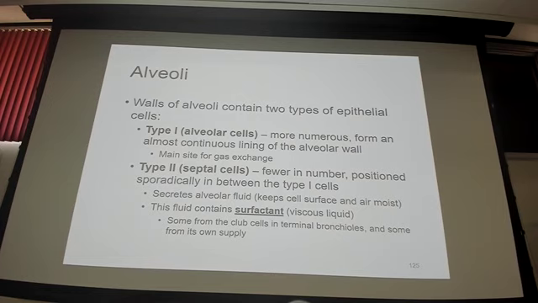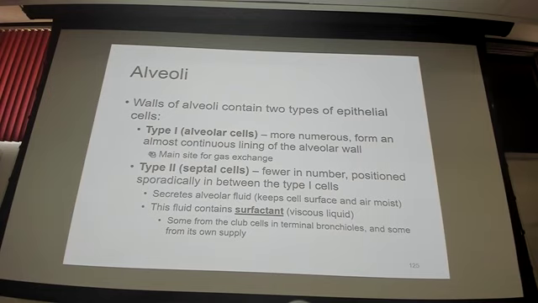Cells within the alveoli are important, of course, as it makes sense. Two different things, two different missions, if you will. Okay? Type 1, which would be the most important, alveolar cells, gas exchange. The vast majority of the alveoli are made of the type 1 alveolar cells because that's what they're doing.